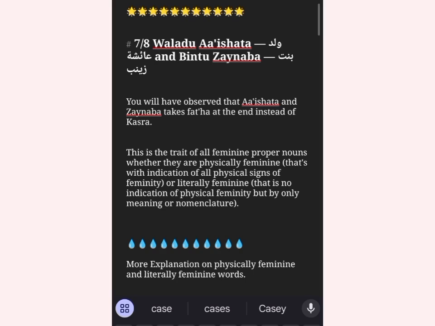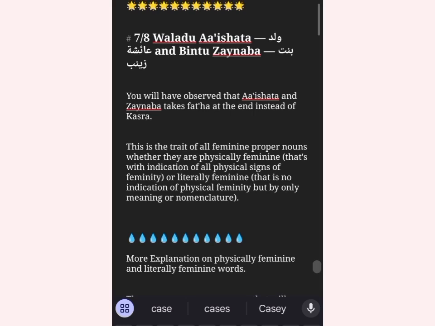Let's take note of something else. We say they are feminine nouns, but they do not show any sign. They don't have to show any sign because they are feminine from the meaning, and of course they are also names of feminine people. These feminine nouns do not show any sign, but by meaning they refer to a feminine.